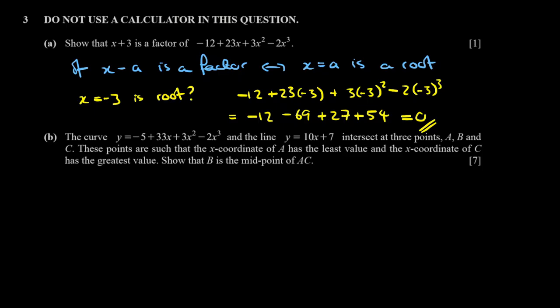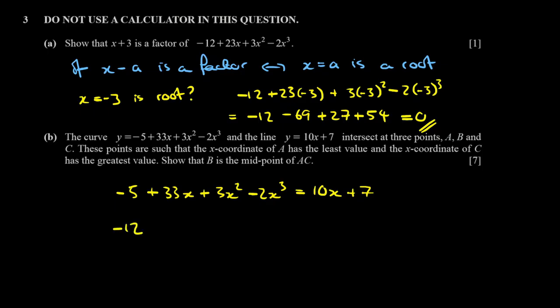All right, well, if we want to find the intersection of this and this, then we're solving simultaneous equations, so we need to set these equal to each other. So minus 5 plus 33x plus 3x squared minus 2x cubed is equal to 10x plus 7. And we're going to subtract 10x plus 7 from both sides. If we subtract 7, we get negative 12 here.